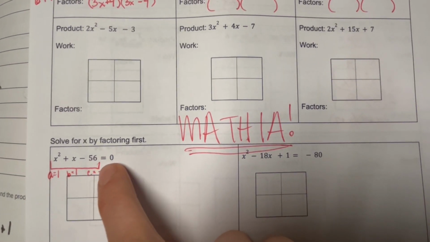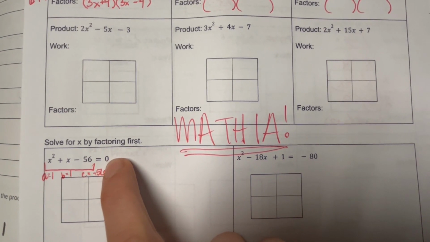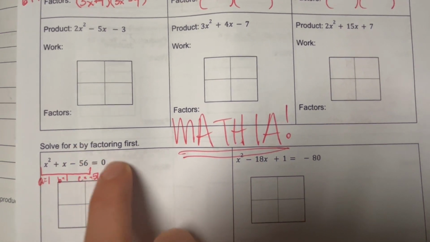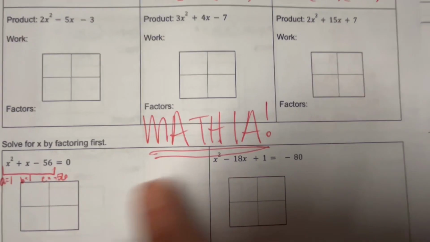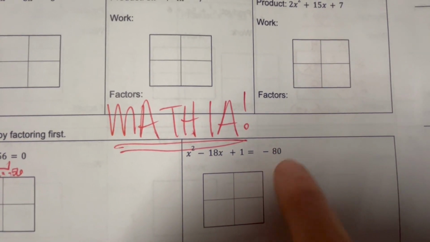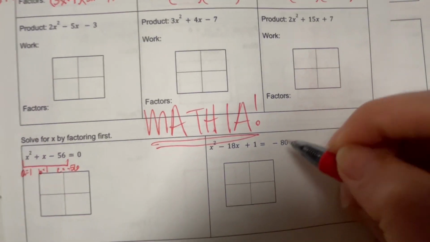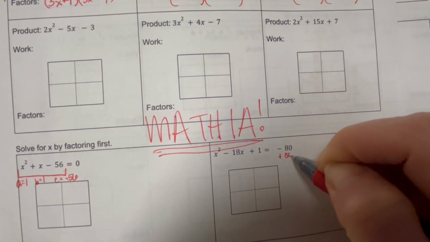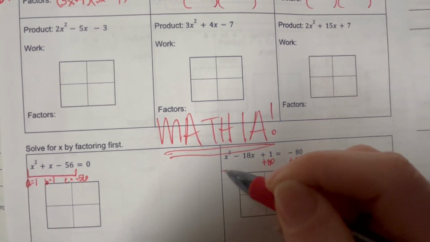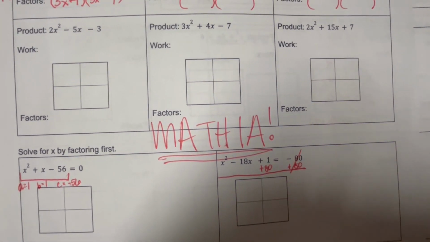The reason that it's equal to 0 is because we need to solve for x. So it asks us to solve for x. So we have to have it equal to 0. This is a trick. If it's not equal to 0, this is not our C value. You have to move anything over that you have so that you have it equal to 0.